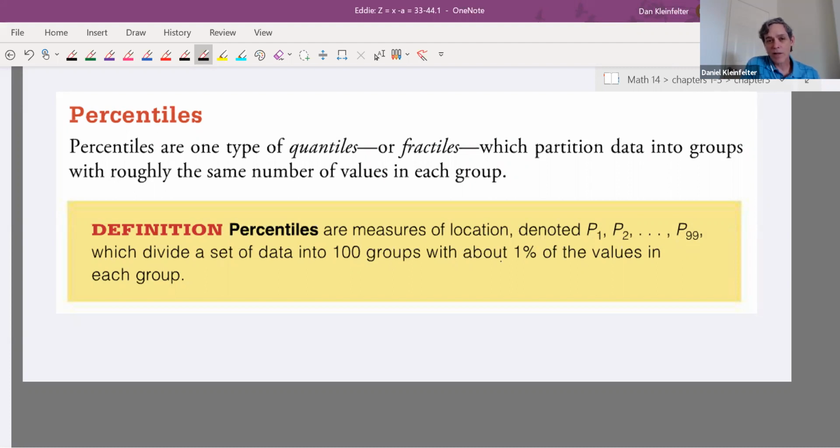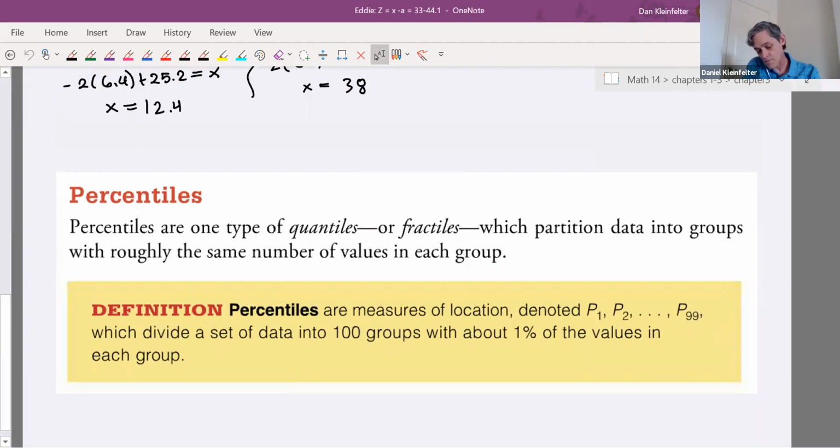On the other hand, if we were giving some sort of a test nationwide, like the SAT, or measuring people's heights at a certain age, where there's thousands and thousands of people, or the lifetimes of brake shoes installed in certain types of cars, where there's again thousands, percentiles might be useful. But for relatively small data sets, percentiles are kind of overkill.